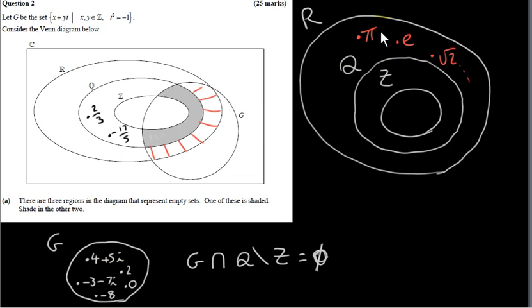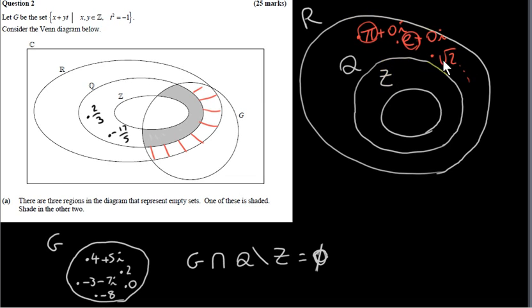The number pi can be thought of as pi plus 0i. The number e can be thought of as the number e plus 0i. So all of these are complex numbers because they belong to this larger set C. They're complex numbers with 0 imaginary parts. But the problem is the real parts are not integers.